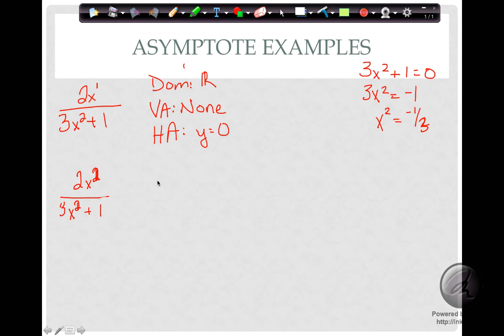All right, so again, the domain is all real numbers because the denominator is the same, which means I don't have any vertical asymptotes. And my horizontal asymptote in this case, they have the same degrees of 2, so it's y equals 2 over 3.